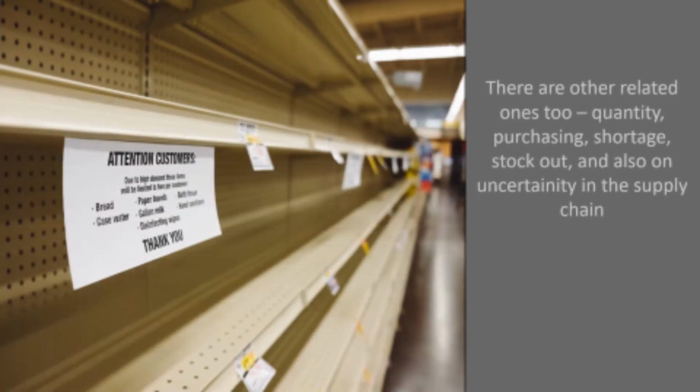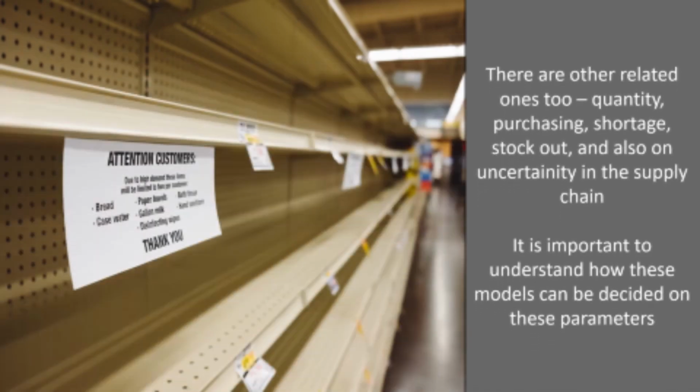There are other related costs, such as the quantity you are purchasing, the shortage or stock out, and the uncertainty existing in the entire supply chain. So in order to decide the timing and the quantity of ordering, it is important to understand how these models can help you in deciding these parameters.